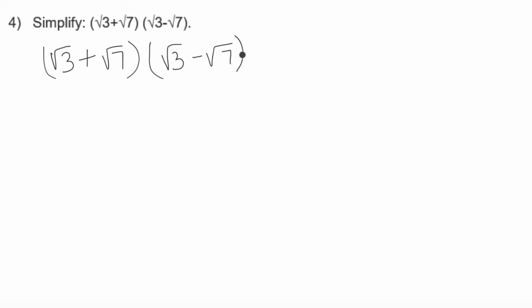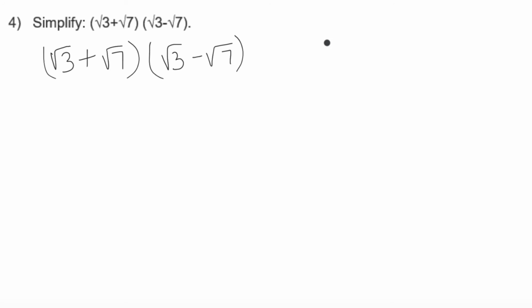Now next, multiply these two numbers. Under the root 3 plus under the root 7. Let's multiply this with under the root 3 minus under the root 7.